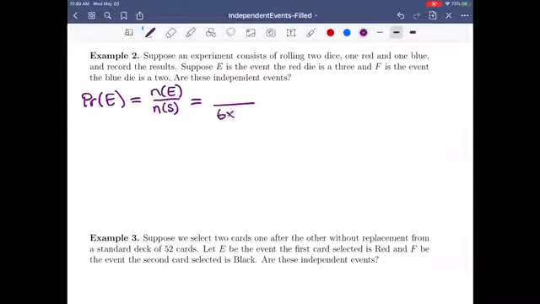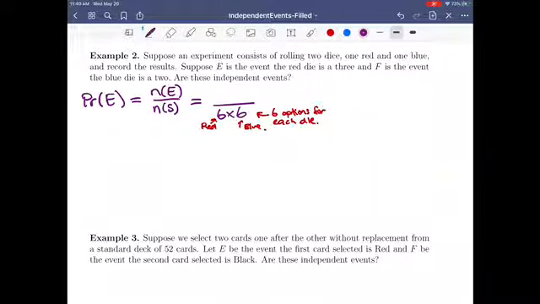It's going to be 6 times 6, so this is 6 options for each die. We have the red die and the blue die, so it's 6 times 6, or 36.